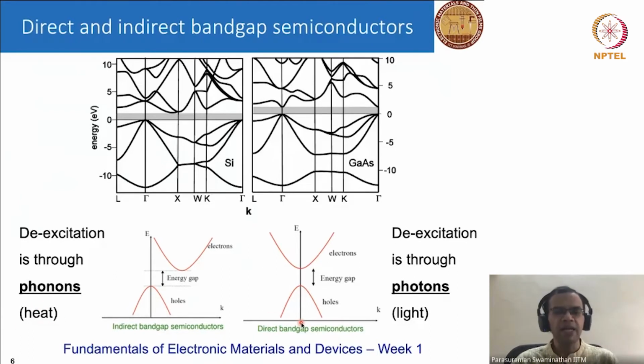In a direct bandgap semiconductor, when this transition happens, the energy is released as light. So silicon is an example of an indirect bandgap semiconductor, while gallium arsenide is an example of a direct bandgap semiconductor. And we will see more about these materials when we talk about optoelectronic devices.